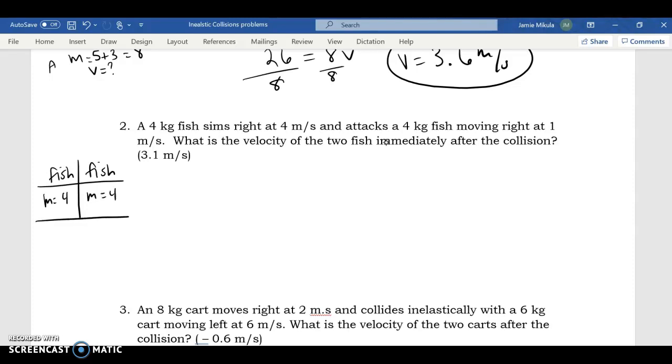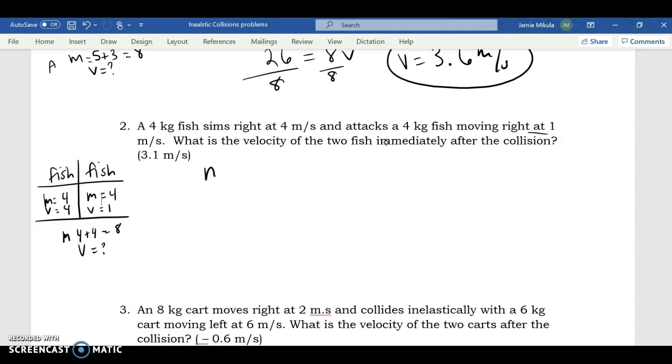And then at the end of the collision, their mass together will be 4 plus 4, which is 8. All right, so then the velocity of the first one: swims to the right at 4, is attacking a fish moving to the right at 1. And then it wants to know the velocity of both of those together.